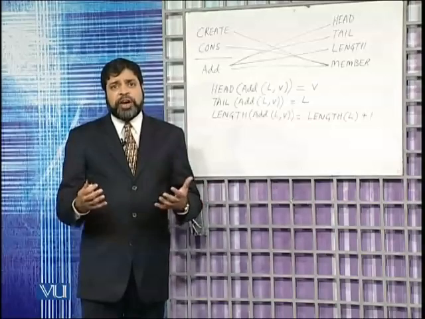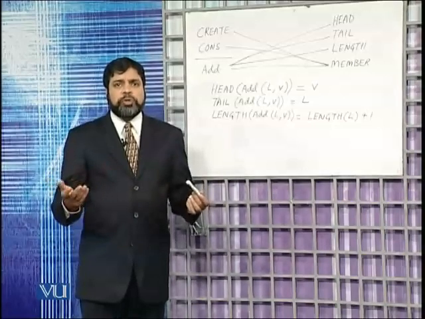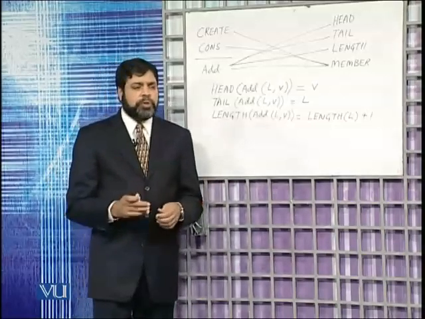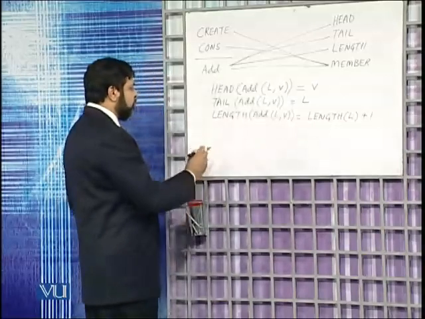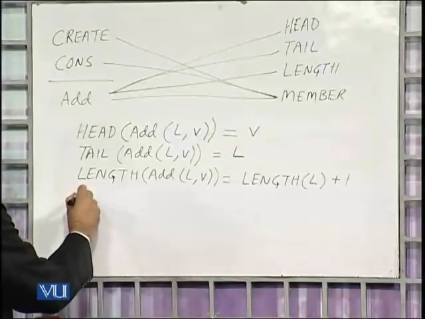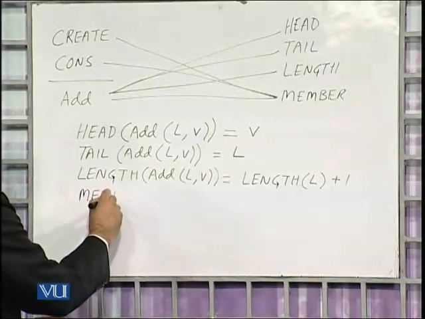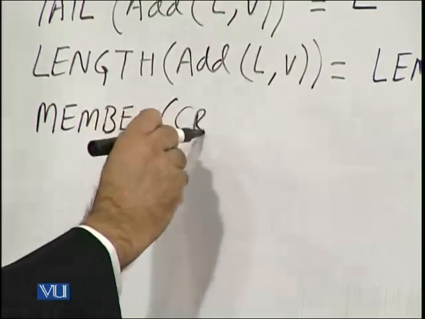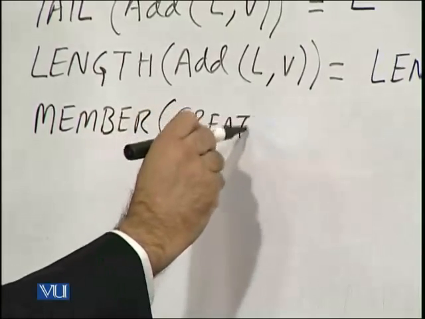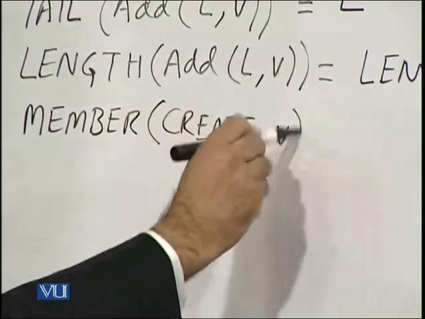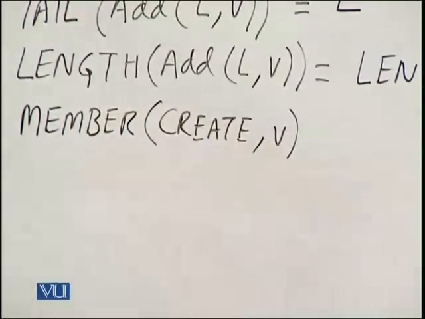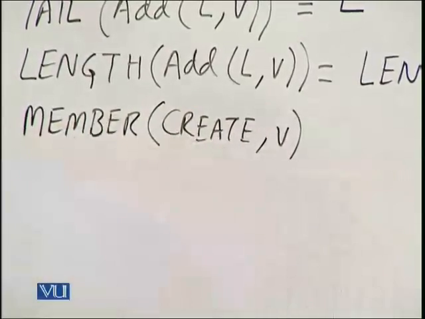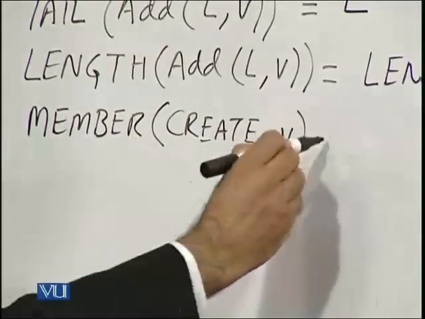We will have to write the axioms for all 3 of those. So what are those axioms? The first one is very simple. We have this member create, comma v. Now create is the empty list. Is v a member of an empty list? The answer is no.